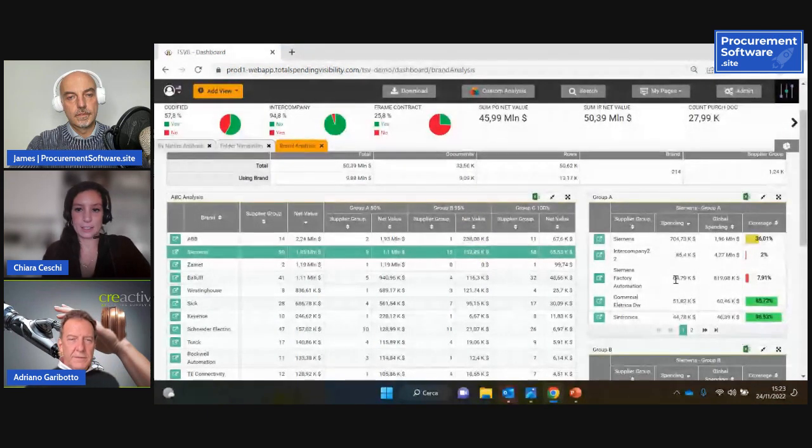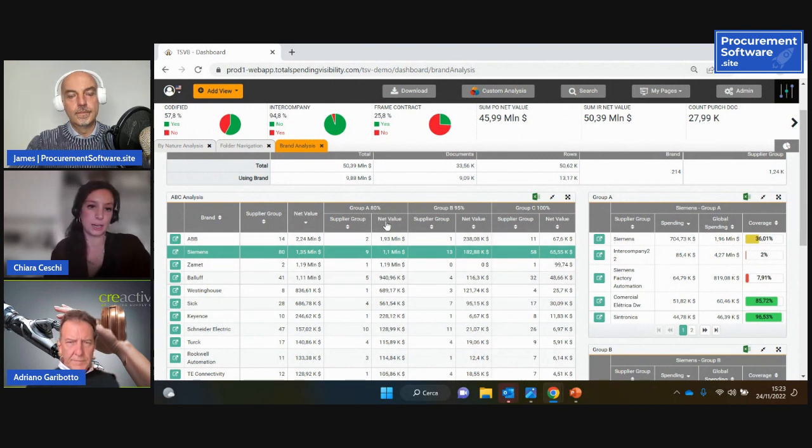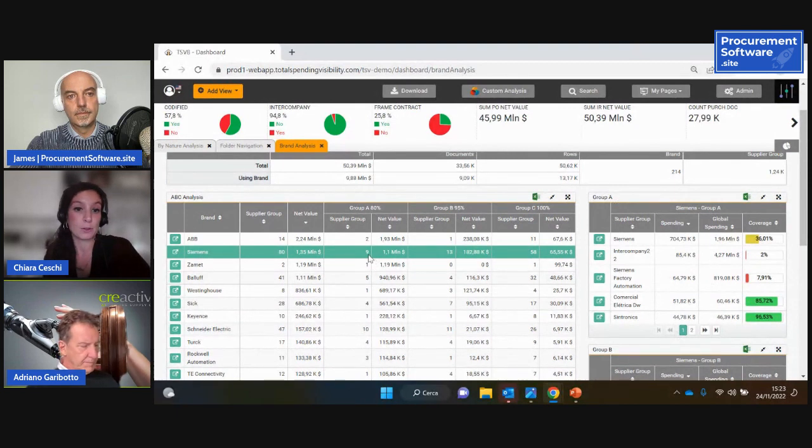So there are the details shown on the side of the division of the suppliers into 3 groups ABC, which are always approached in a Pareto way. So the group A is the number of suppliers that compose the 80% of the spend, so the majority of the spend, where we can see Siemens directly.